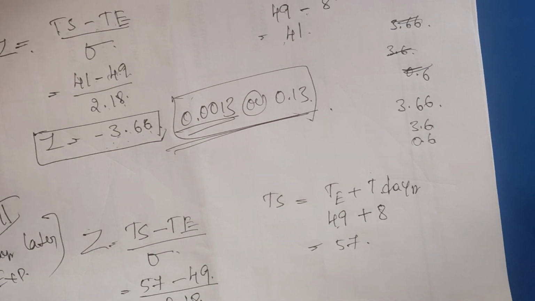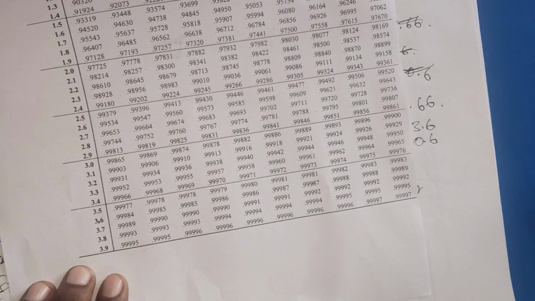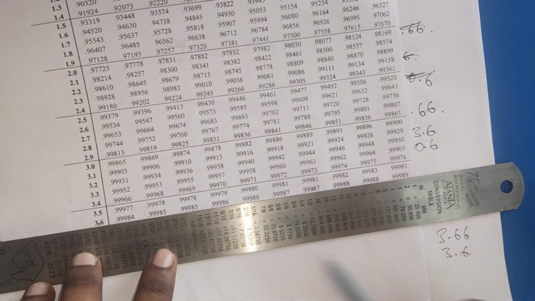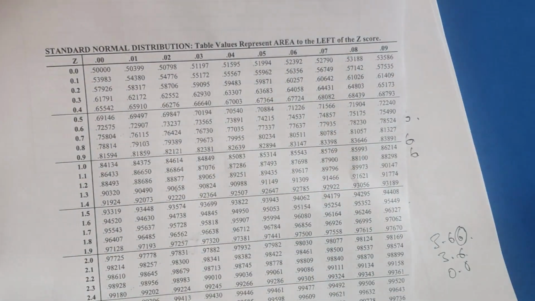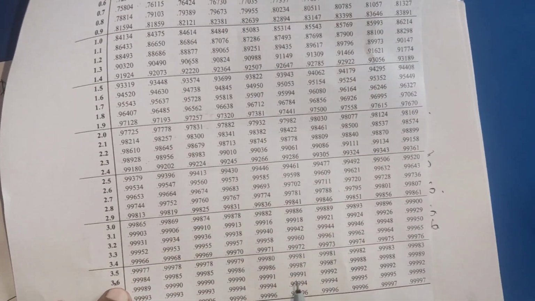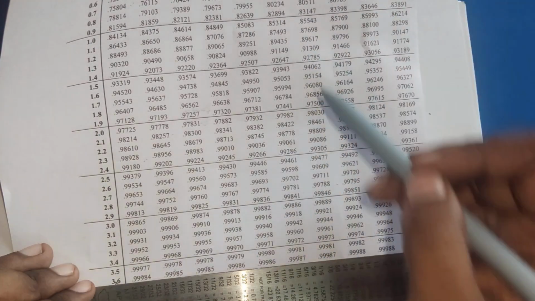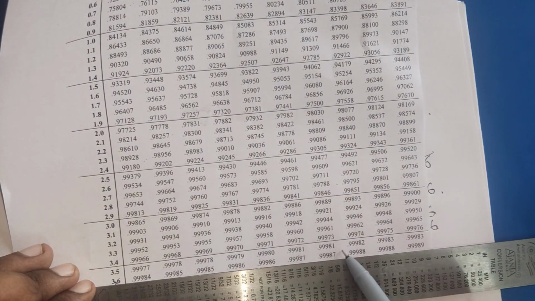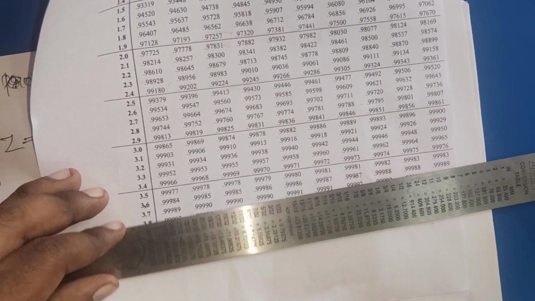So now we need to find the percentage. Where is 3.66? In the distribution table we get 3.6 here, and the remaining 0.6 we find along the horizontal line. 3.6 and 0.6 meet at 0.9998.